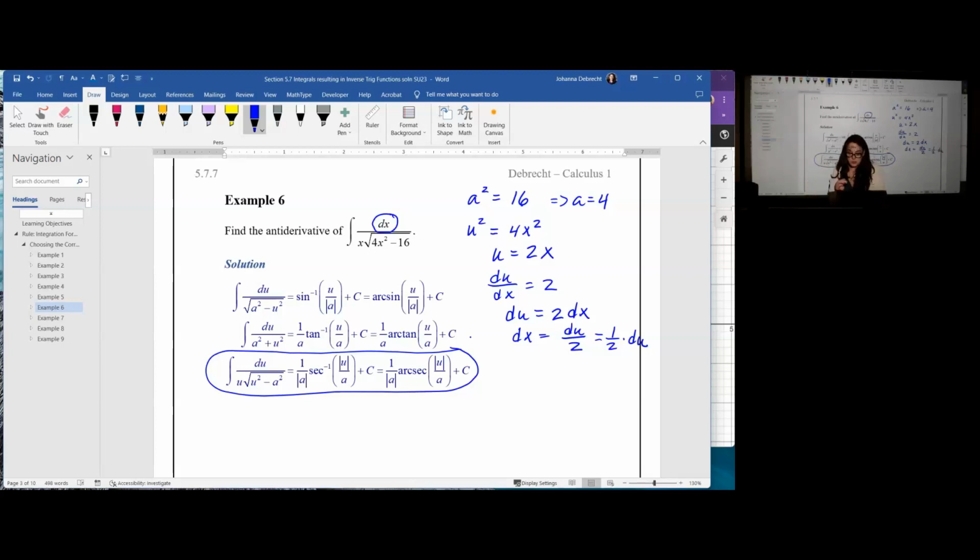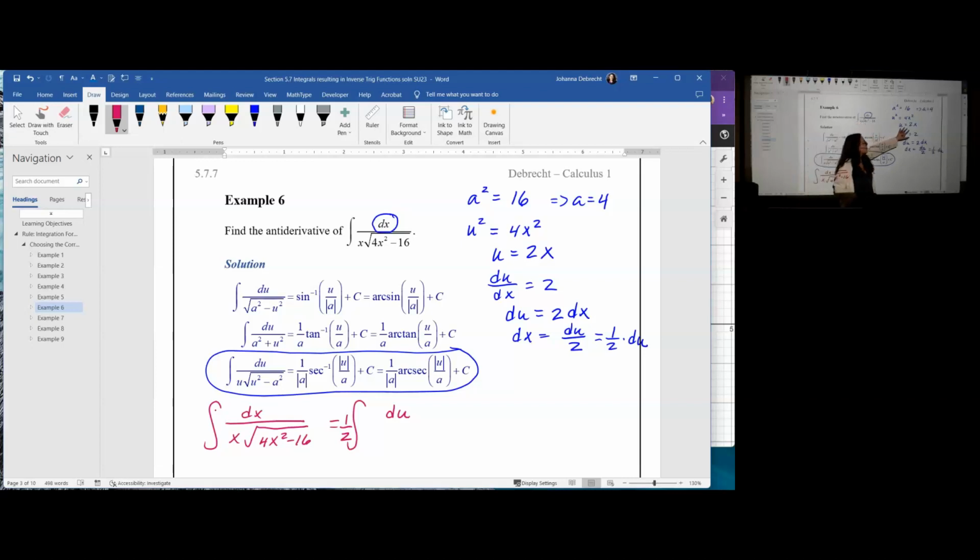Now that I have each piece, I can go ahead and rewrite the original integral. When I do so, I'm going to substitute for every piece that I see in the original until it looks exactly like the formula. Dx gets replaced with a du and a 1/2. I move the 1/2 outside the integral since it's a constant factor. Next, I have to replace the x.